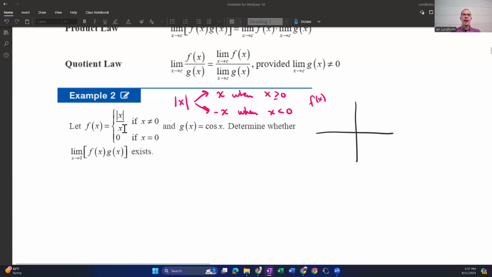When we divide it by x, it's no longer going to look like a v. Let's go with purple. Maybe I'm going to change this color now. It'll look like x over x, or 1 for x greater than or equal to 0.